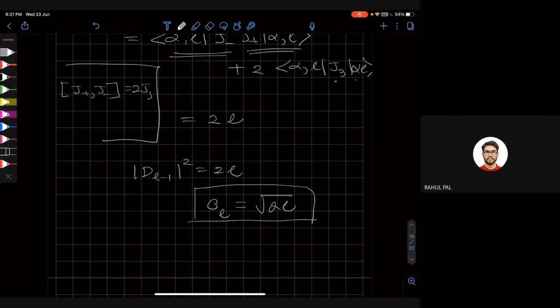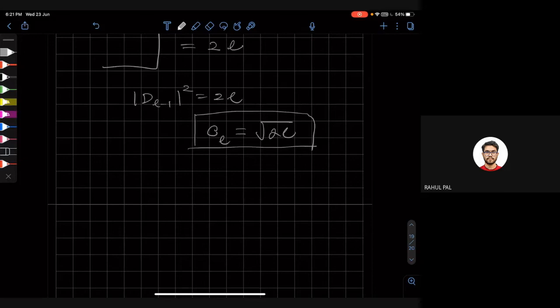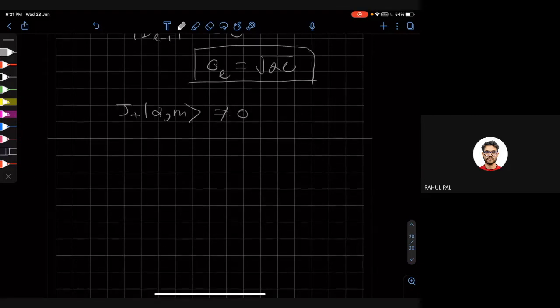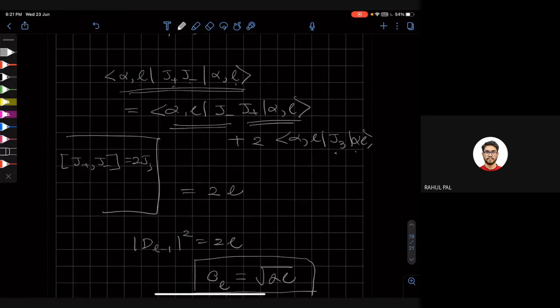Now we got this from the highest weight state, but let's consider the non-highest weight states. Suppose that J plus acting on alpha of m is not 0, so m is not equal to L. If I take such a state and try to evaluate the same quantity as above, then the first term on the right, which was 0 before, is not going to vanish.